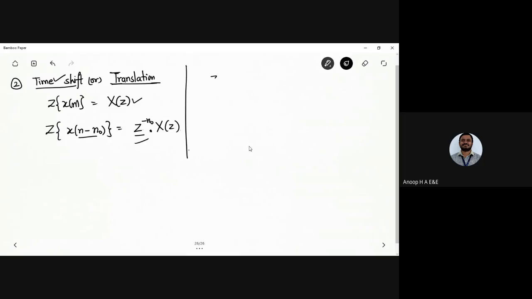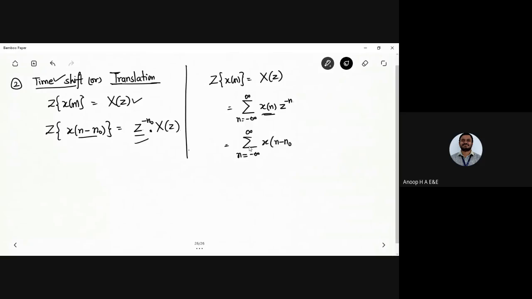To recall, the Z transform of a discrete signal x of n is X of z, which is the summation from n equals minus infinity to plus infinity of x of n z power minus n. Here x of n would be replaced by x of n minus n naught, times z power minus n. Now this entire term n minus n naught, I need to replace by a single variable.